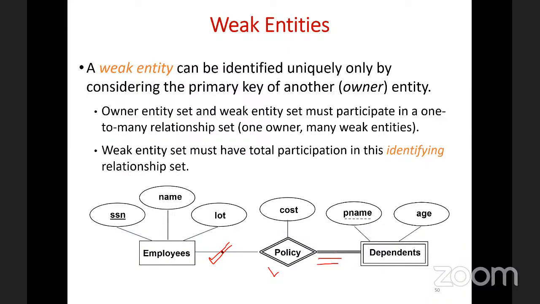Maybe many of you are like that, very young, not married, so no spouse, no children, and your parents are in jobs, so they are also earning. So at this point of time, you don't have any dependent, right? So an employee may have a dependent, or may not have a dependent. So participation of employee in this relationship is partial, right? But participation of dependent is always total.